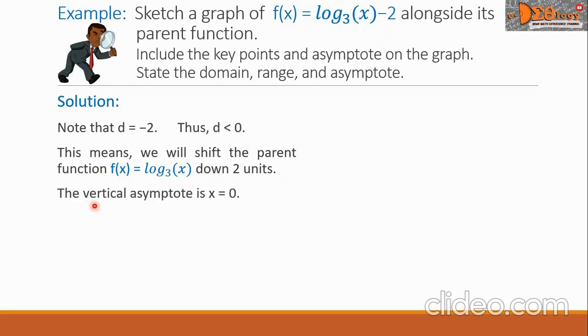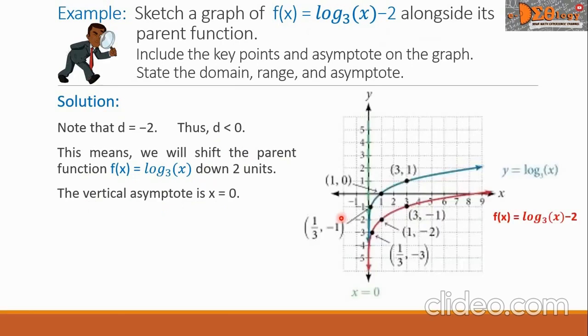We note that the vertical asymptote is the y-axis itself, that is x equals 0. Here are now our graphs. The graph in blue is the graph of the parent function y equals log of x to base 3, while this graph in red is the graph of f of x equals log of x to base 3 minus 2.